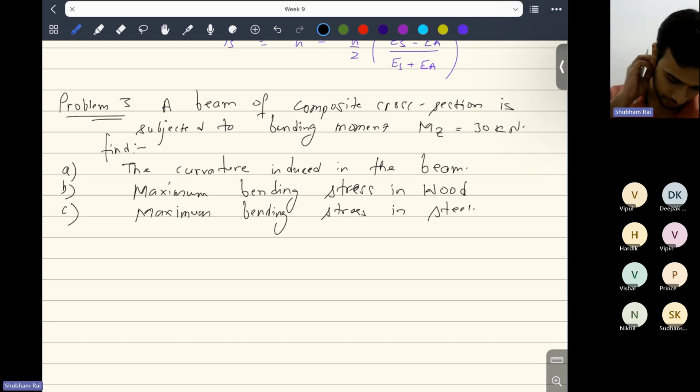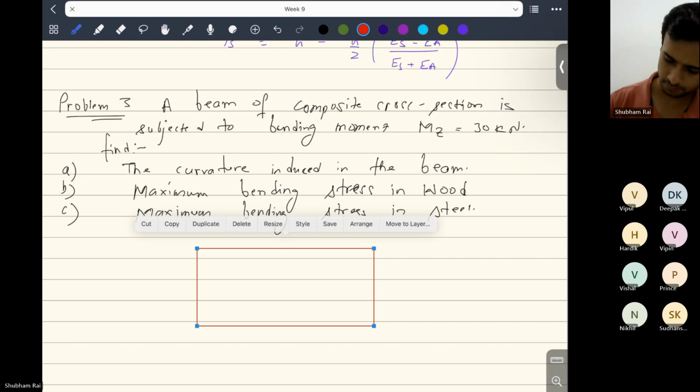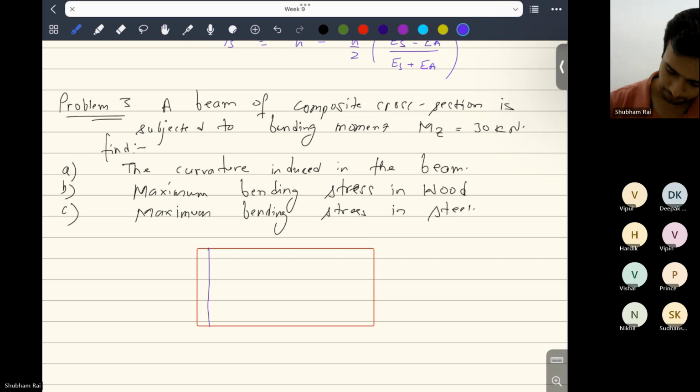So the diagram for the section is like this. Let's say at the sides there is steel. So this is steel. Okay.